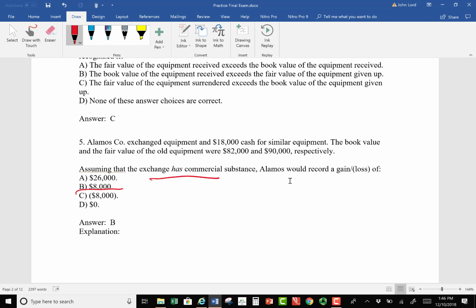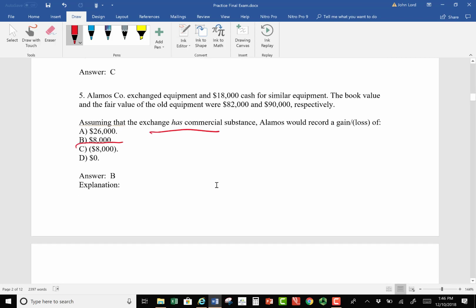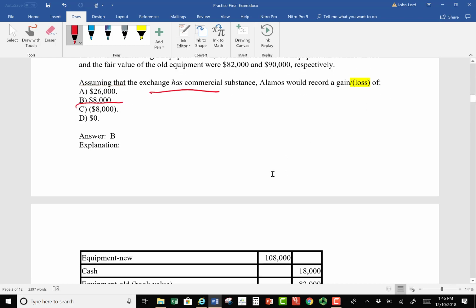Give me a break, okay? But know that parentheses would be a loss and 8,000 would be a gain. I guess I could change that so that it doesn't do that, but I don't like when they do that. Expect you to know the parentheses here. Okay? I guess they put loss. I guess it's okay because they put loss, and they showed that was in parentheses. So that's not too bad.